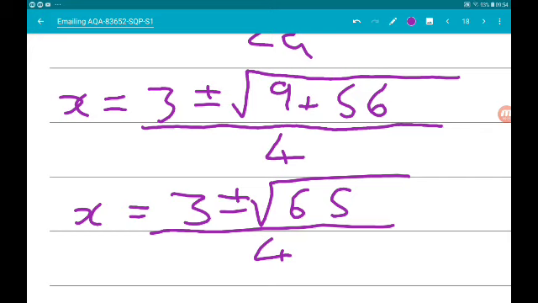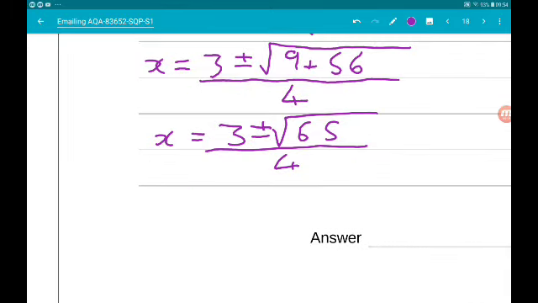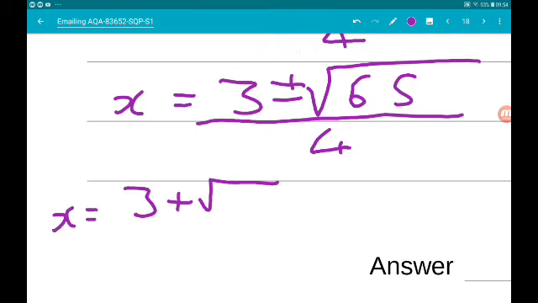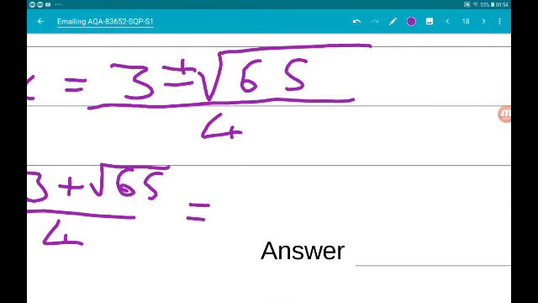So we only actually need to worry about x is 3 plus root 65 over 4, which to 3 sig figs will give us 2.77. Cool.